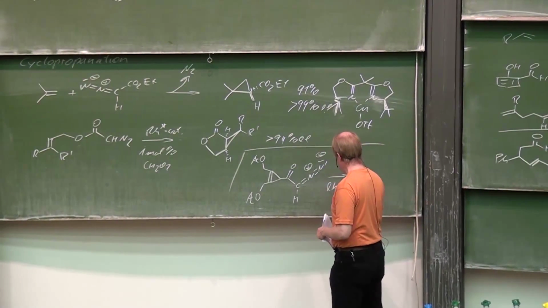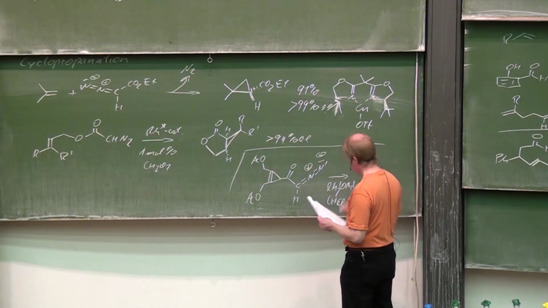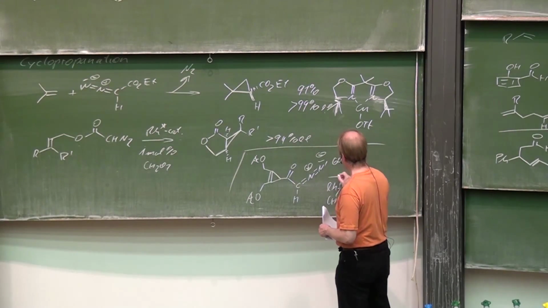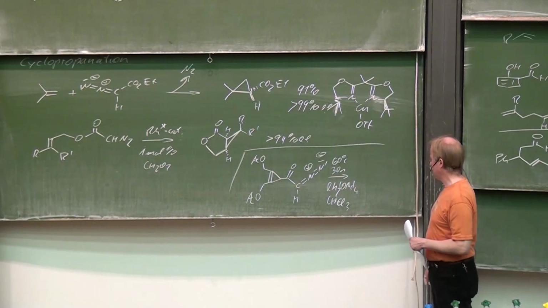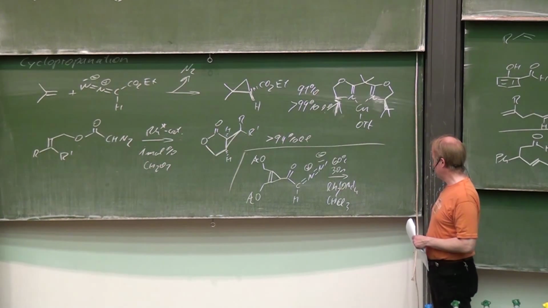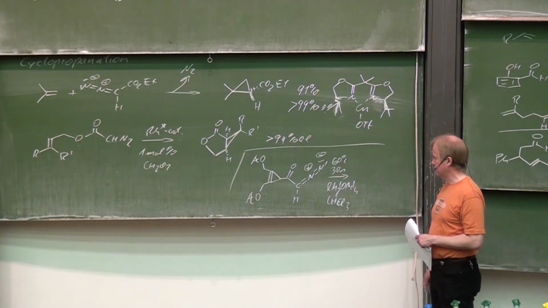Just the rhodium tetraacetate, chloroform, 60 degrees, 30 minutes reaction time. Please, as an exercise, try to figure out what's the structure of a product.